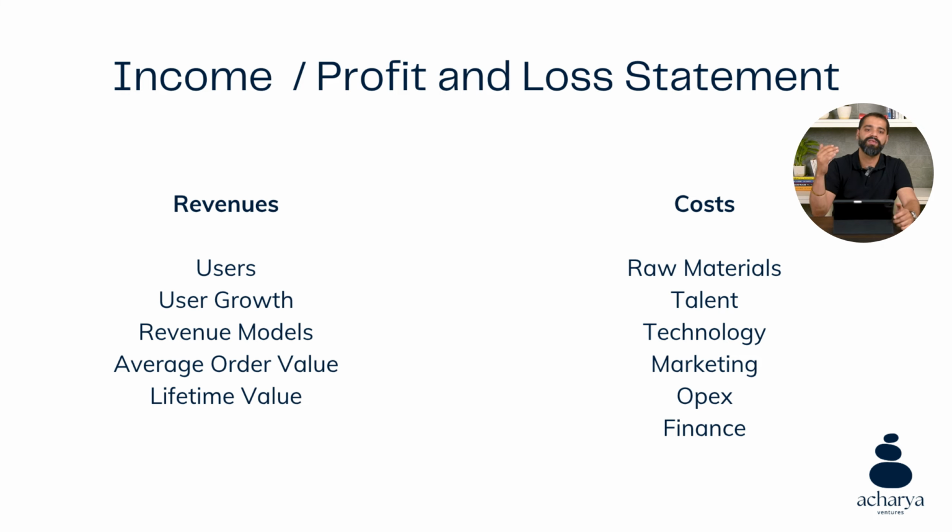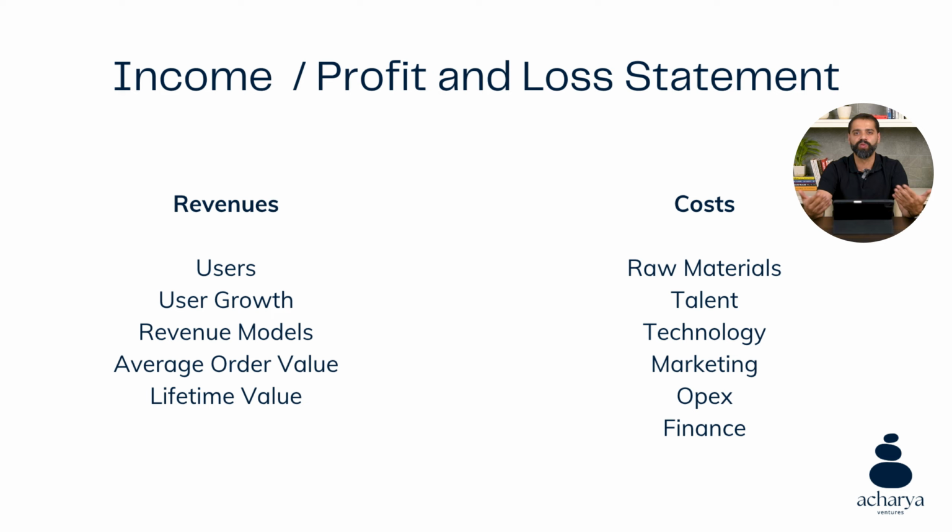When we talk about the revenue section, it's going to have your users, user growth numbers, the business model or revenue model that you choose, average order value, and lifetime value of your customers, whether your customers are coming to you once or coming back to you again and again for a recurring business, a recurring subscription, and then what the churn rate is, how many of them are staying, how many of them are going back.